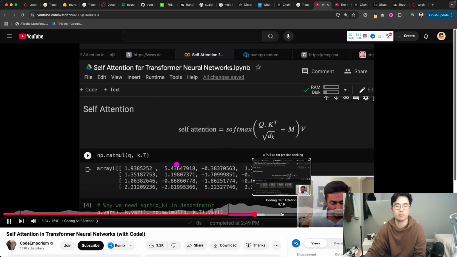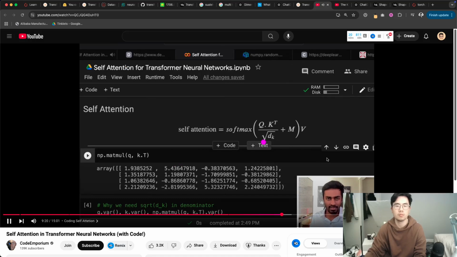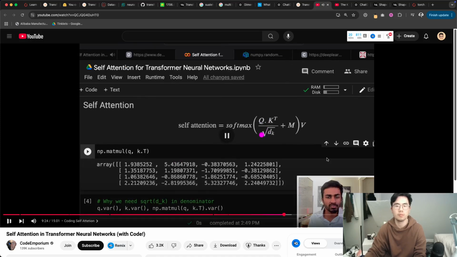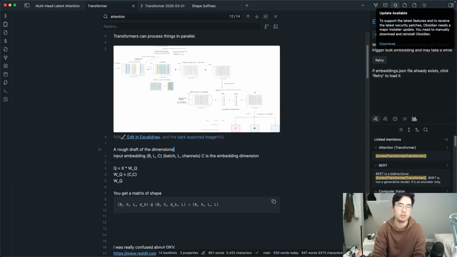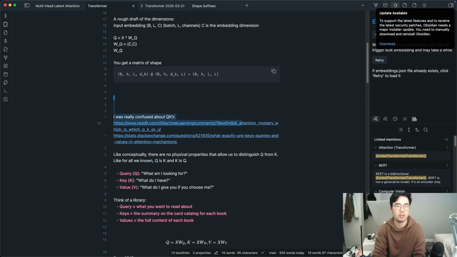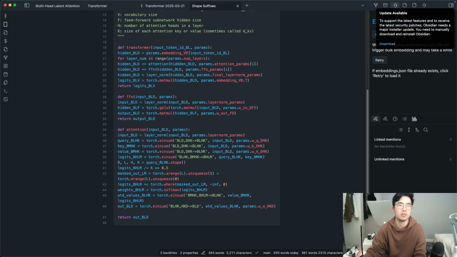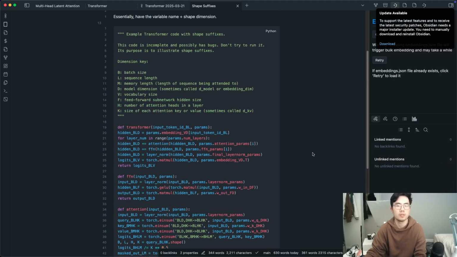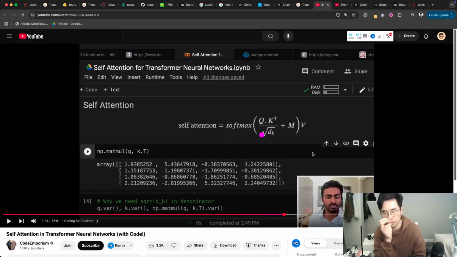Talk about self-attention. In order to create a denominator, the square root of some dimension of q and k. So Q is going to be, you have your batch, length, and D model.